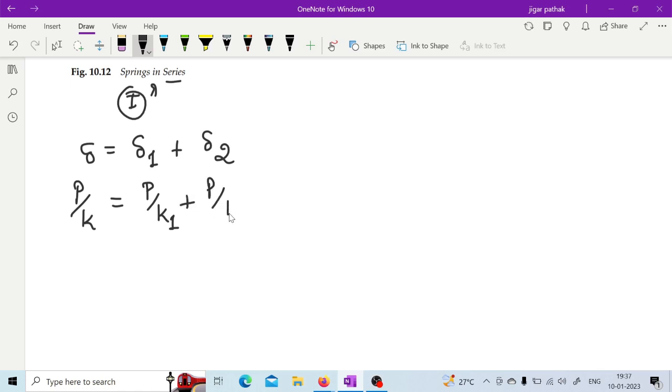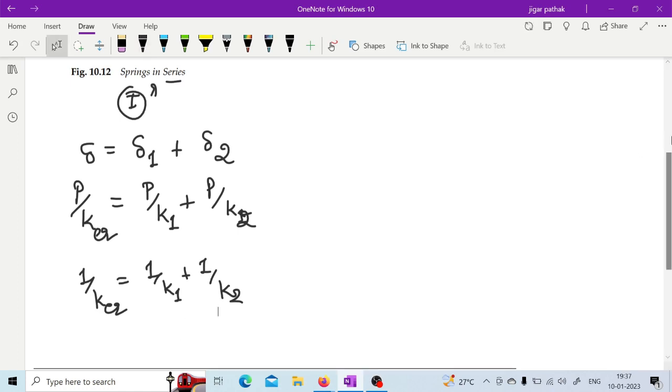Deflection will be given by P by K1 and P by K2, because stiffness is different for both springs. So in springs in series, the equivalent stiffness is given by 1 upon K equivalent equals 1 upon K1 plus 1 upon K2.